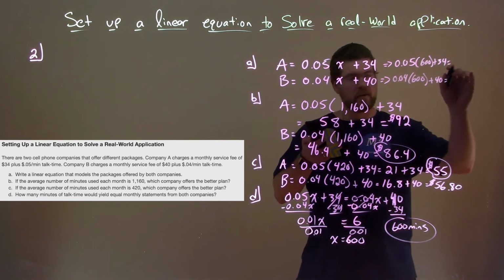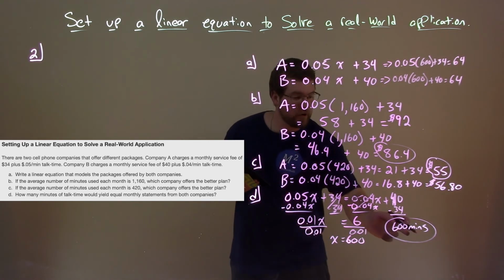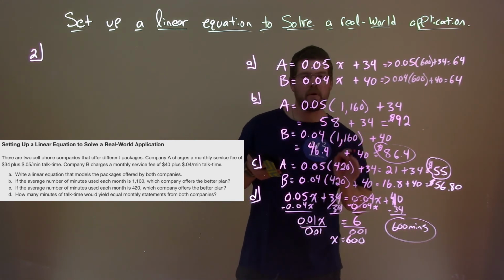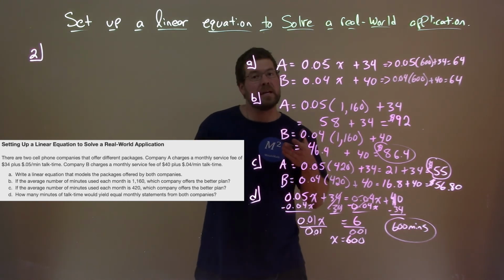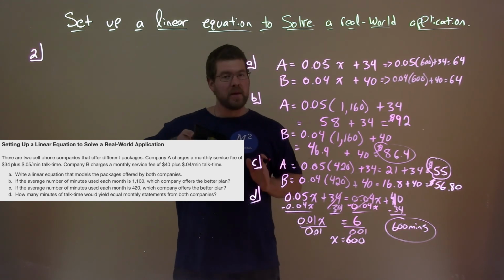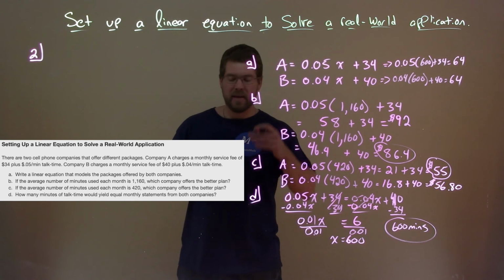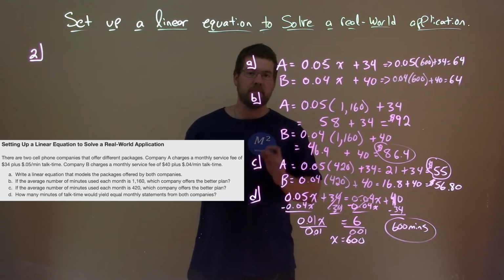These two numbers both come out to be 64, confirming that 600 minutes was the balance point, the point where they both were equal. We can see that if we graph that, that's where these two lines would intersect. So you can see that when we graph them, the two lines intersect at 600 minutes, meaning they would cost the same per month at 600 minutes.